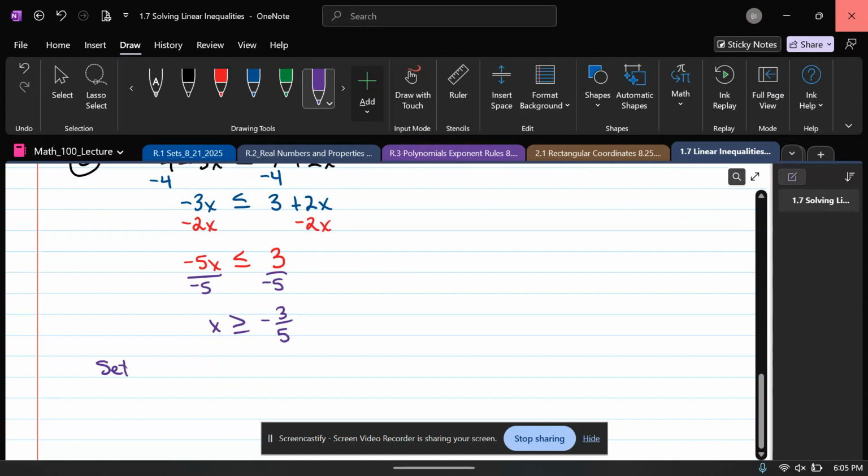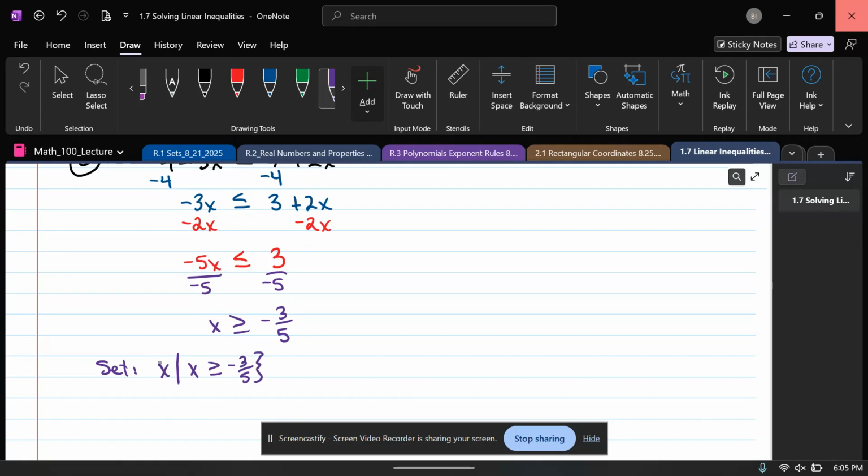So in my set notation, all x's as long as x is greater than or equal to negative 3/5. That curly brace did not work out right. That's better. That's our set notation.